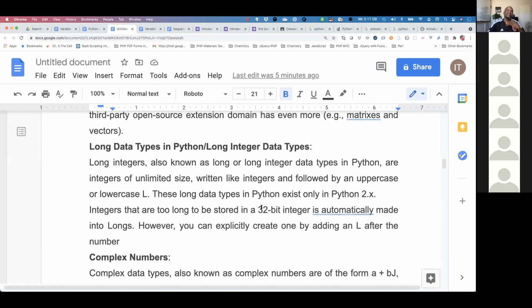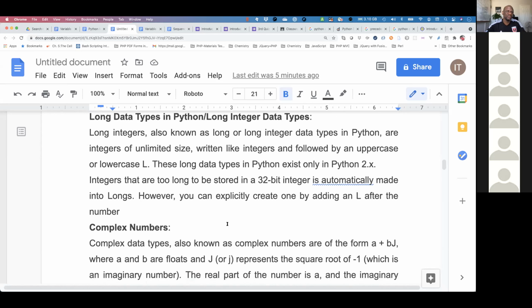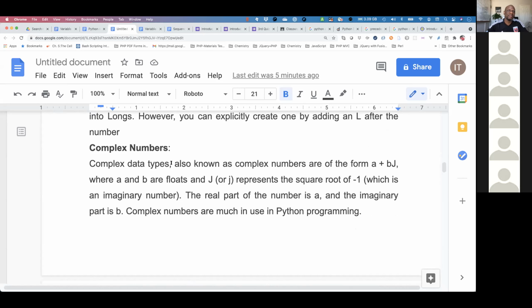Explicitly means you have to involve a decision. Implicitly means the system, the computer or the interpreter, will already have it decided for you. Now the complex data types, also known as complex numbers, are of the form a plus bj, where a and b are floats, and j, or small j, represents the square root of -1, which is an imaginary number.